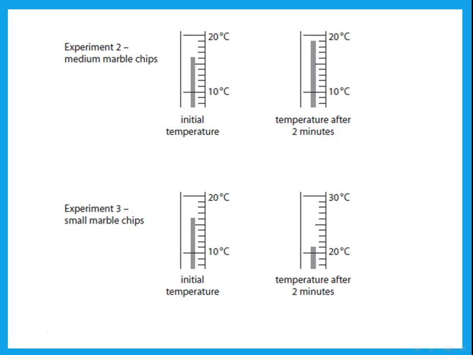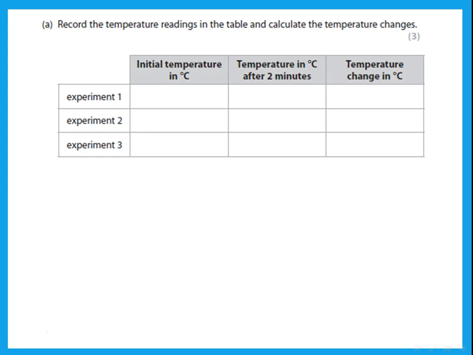Experiment 3, small marble chips, initial temperature and final temperature. Were you able to fill in this table? This table should look like this. So the temperature change for experiment 1 is 1, for experiment 2 is 3, and for experiment 3 is 4. Were you able to do that?